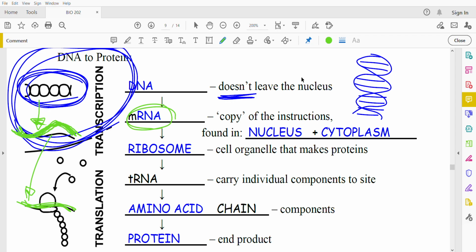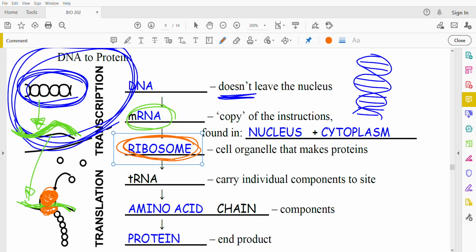What a ribosome is, is the cell organelle that actually makes proteins. So in this diagram, ribosome will be made of one larger subunit and one smaller subunit.